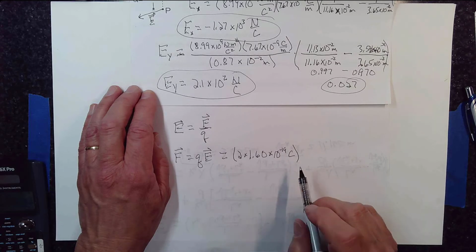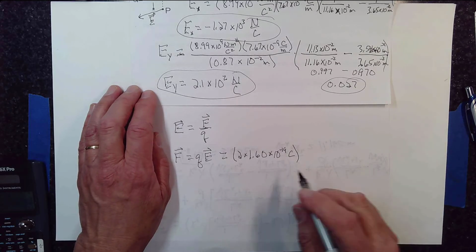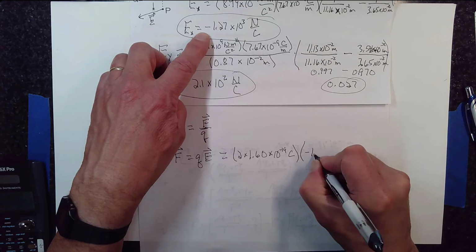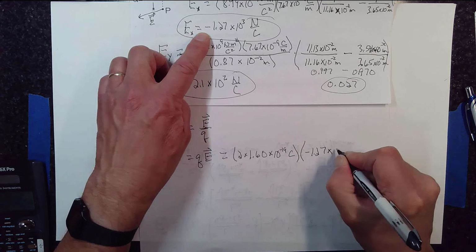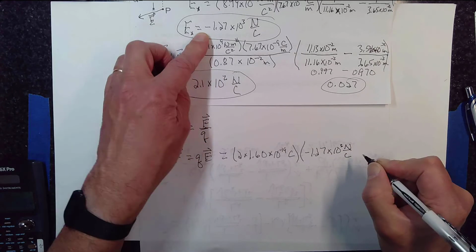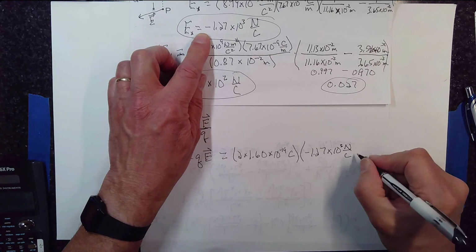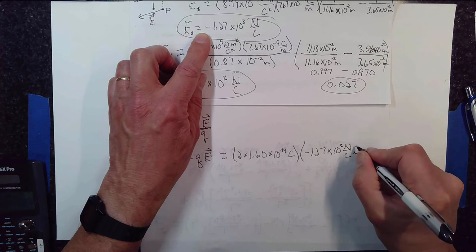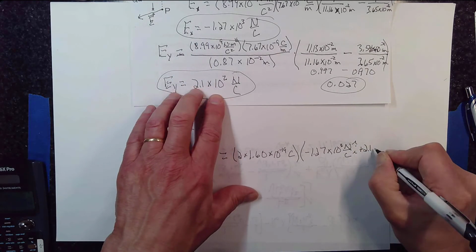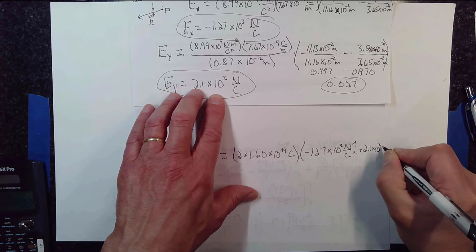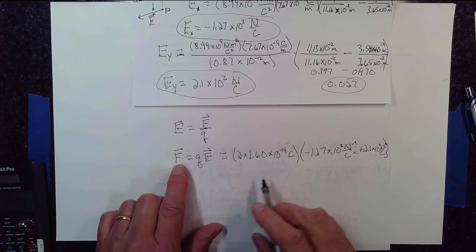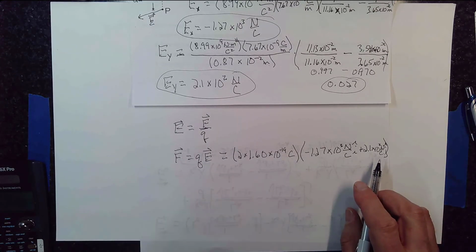So I have that. And then the E is a little more complicated, but minus 1.27 times 10 to the 3rd newtons per coulomb in the I hat direction, plus 2.1 times 10 squared newtons per coulomb in the J hat direction. And that's the force that's acting on it.